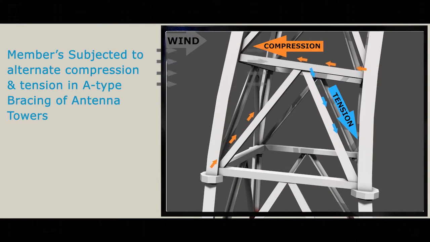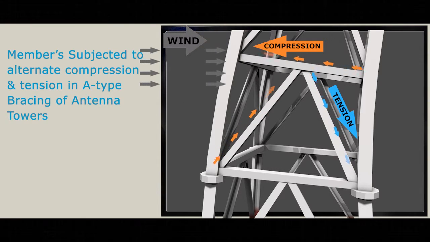This particular situation of tension and compression will reverse when you have wind from this direction. So in this case, you see that a member which is normally supposed to be very effective in tension will also have to act as a compression member.